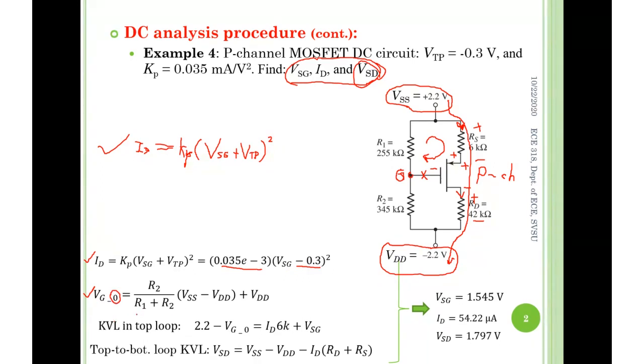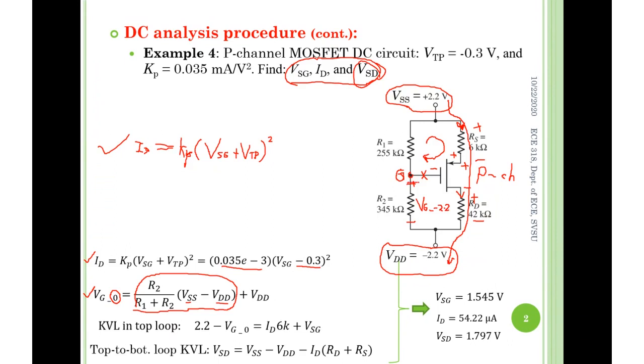If you only do the voltage divider, meaning the total voltage difference between VSS and VDD, positive and negative 2.2, and then do a voltage divider to find the voltage here, that is the voltage at the gate with respect to where? Negative 2.2, not the ground.